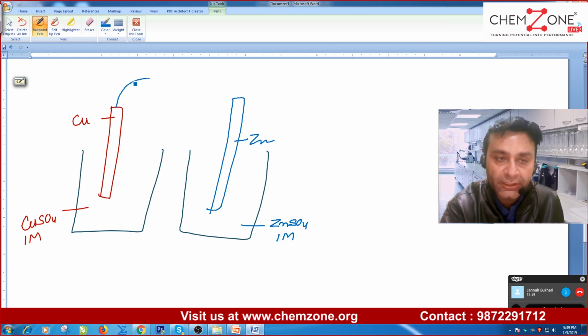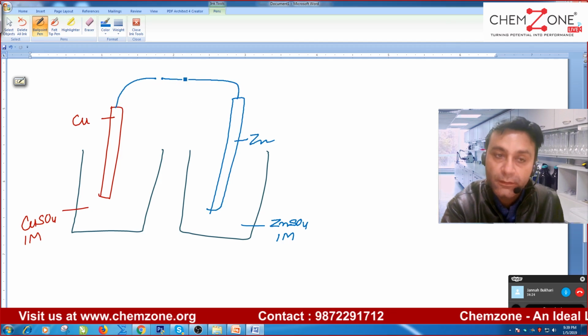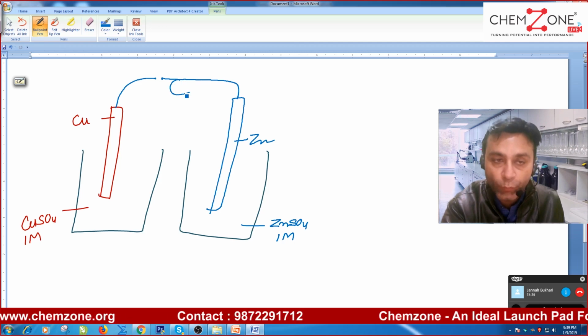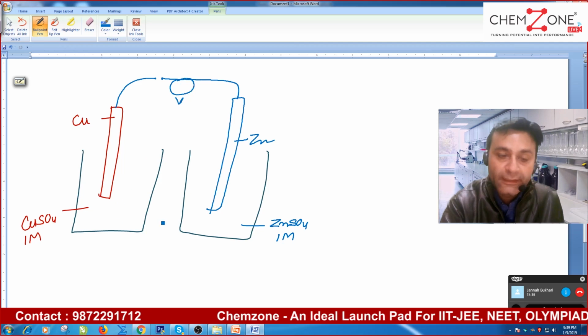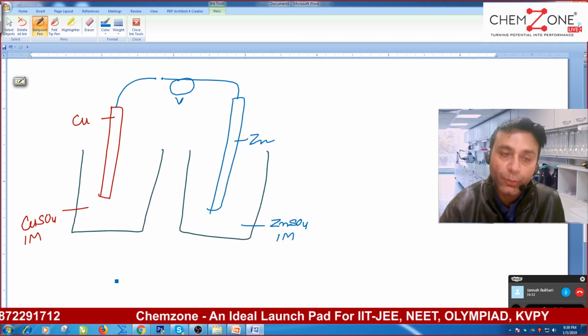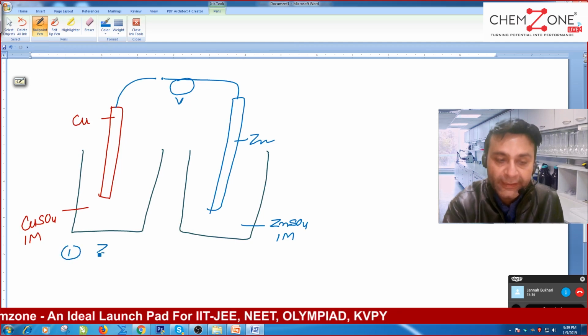Now when I connect here, I have a voltmeter here. There are certain observations that I will now tell you. What are our observations? Number one, zinc rod is eaten away.